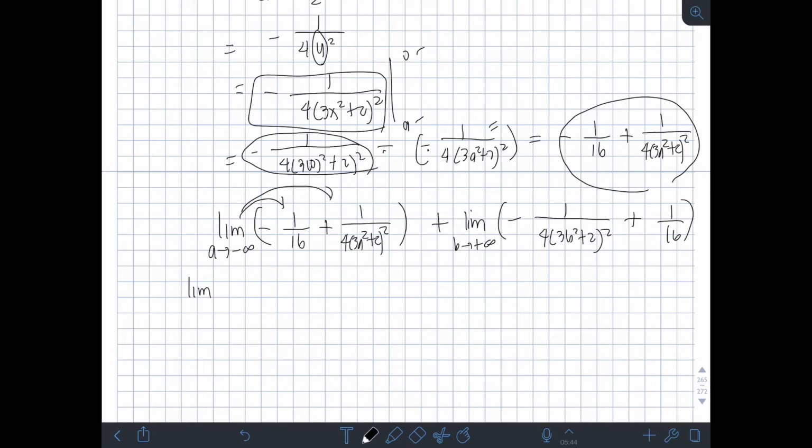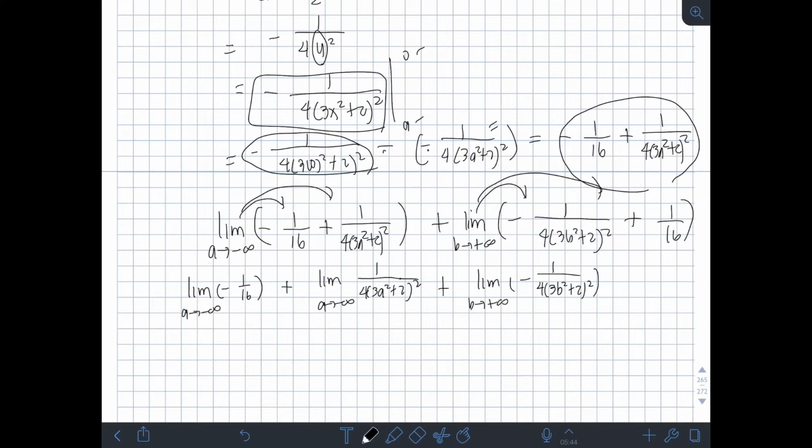So, we get the limit of negative 1 over 16 as a approaches negative infinity, plus the limit of 1 over 4 times (3a squared plus 2) squared as a approaches negative infinity, plus, distributing on the other limit too, the limit of negative 1 over 4 times (3b squared plus 2) squared as b approaches positive infinity, plus the limit of 1 over 16 as b approaches positive infinity.